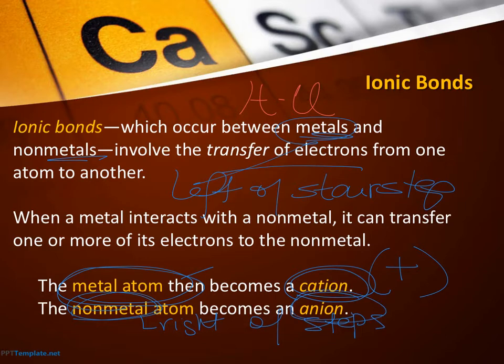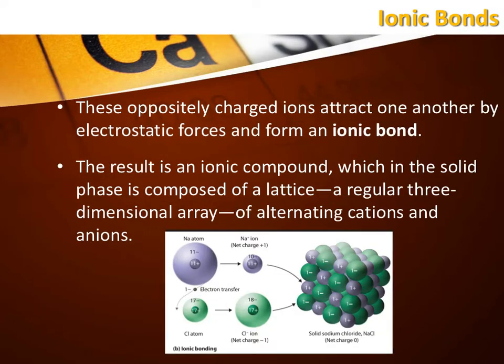So ionic compounds are made up of cations and anions, strongly attracted to each other because of their opposite charge. So the ionic bond itself is simply a very strong electrostatic attraction between oppositely charged ions.